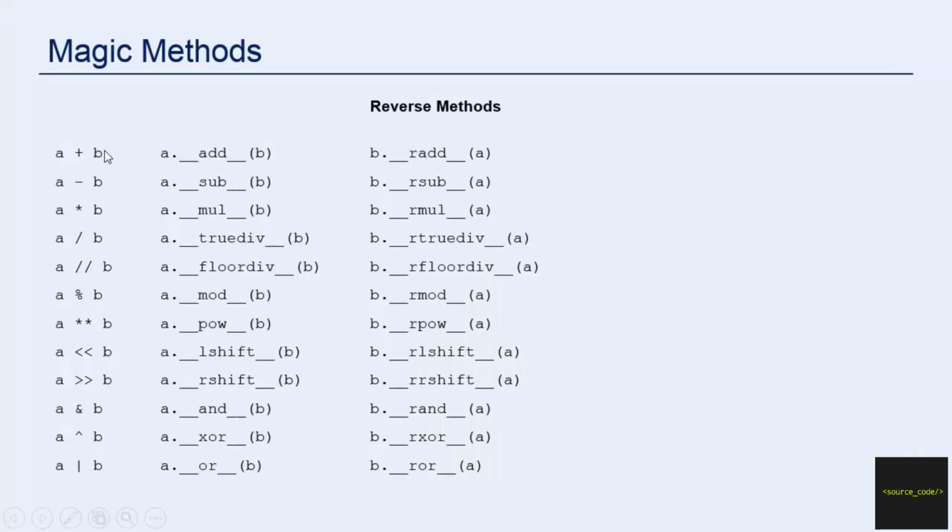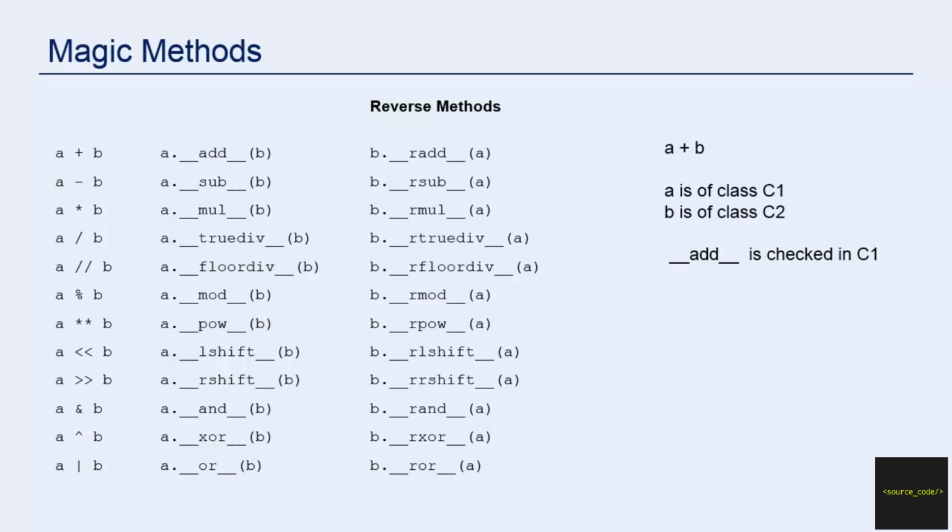So when you apply any of these operators to two objects of different types, Python will make two attempts to find an appropriate method. If you have an expression a plus b where a is of class c1 and b is of class c2, Python will first check if c1 has a dunder add method defined and has information on how to add an object of class c2.